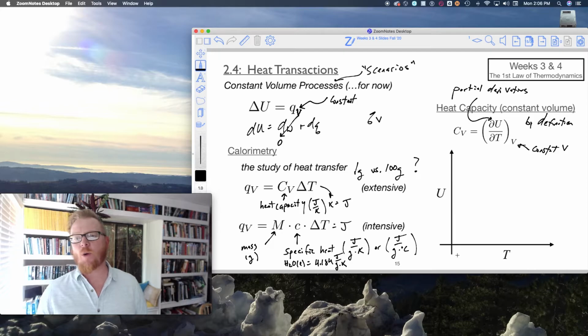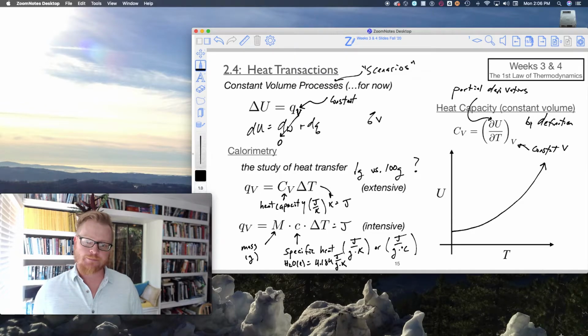If I have a slope of U versus T, I get a relationship. For now, I'm just going to draw you a simplified relationship. It looks something like this. The slope of this line is the heat capacity.